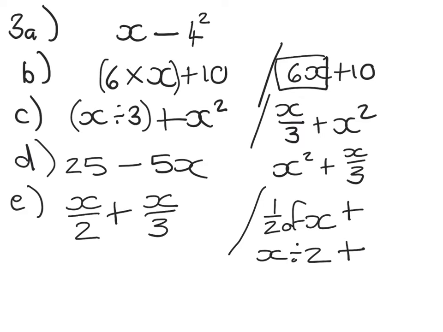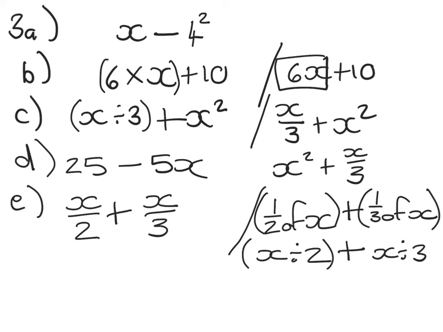You could have also said plus 1/3 of x, like that. You might even have wanted to put brackets there, which would also be right. You could have said x divided by 3, and if you don't like that, you could also have put brackets in. You didn't have to, but there you could have had brackets. So many ways to kill a cat.